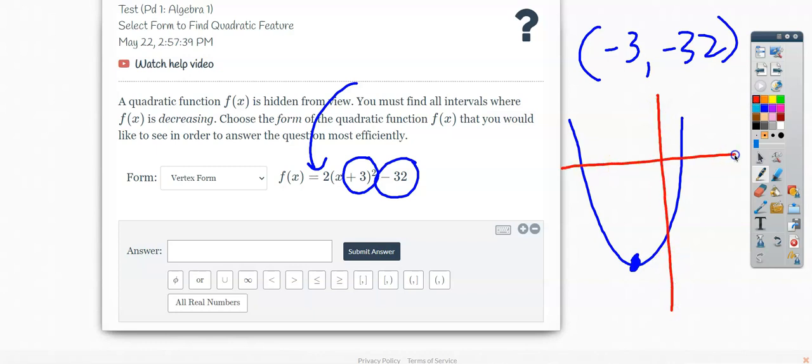So everything in this space up until here is decreasing. So from negative infinity all the way to negative 3, to the vertex. All of that is decreasing.